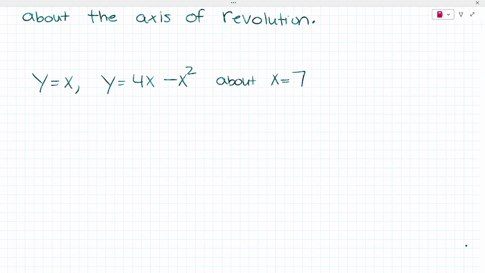I know this is a parabola and it looks like it's concave down. And I know this is a linear line that's going positive, right? If we're revolving around x equals 7, everything has to be in terms of x. Okay, so let me draw it a bit.